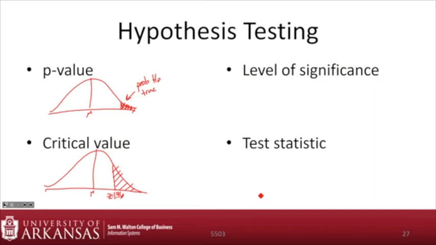So your p-value is going to go with your alpha level, your level of significance. This is your alpha level. Your test statistic, I'm actually going to leave that generic.